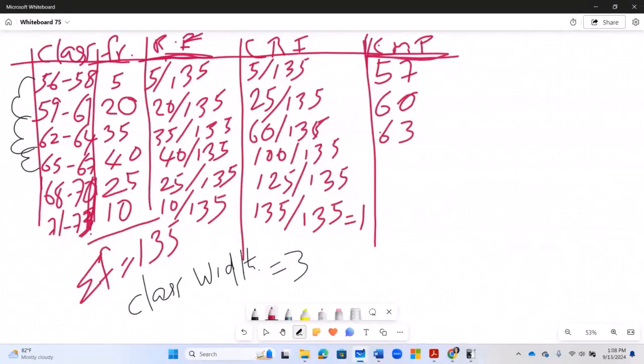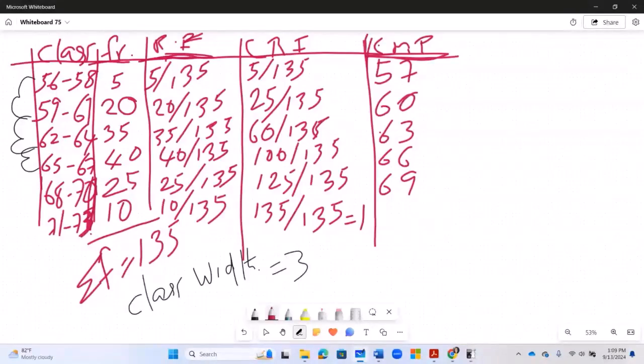62 plus 64 divided by 2, I get 63. So all I need is to keep adding the class size to these consecutive class midpoints. And so the next one is 66. The next one is 69.